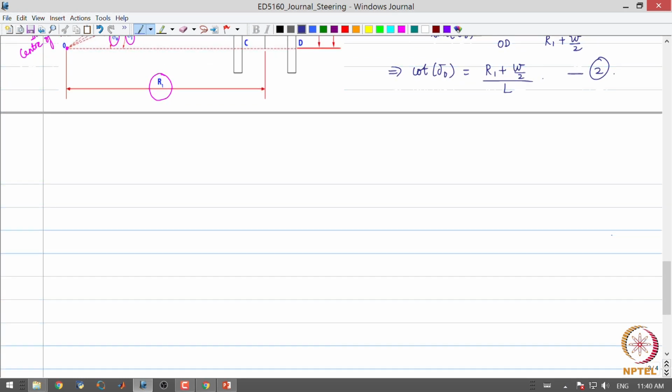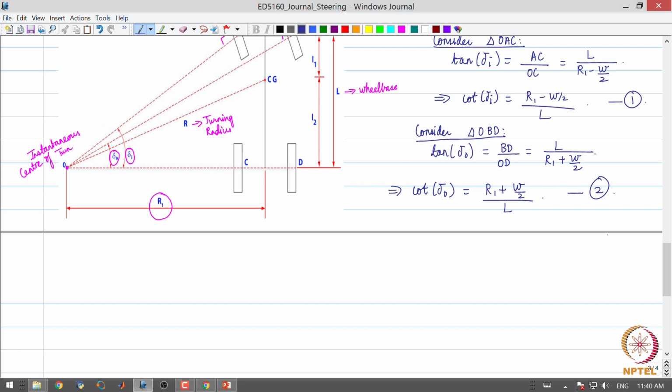Now let us subtract equation 1 from equation 2. What do we get?